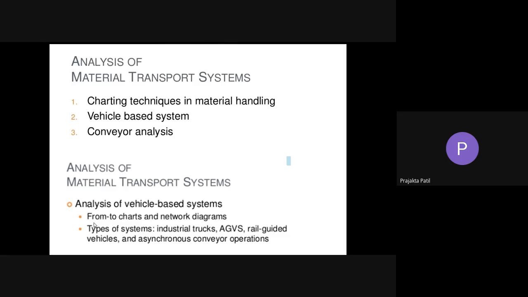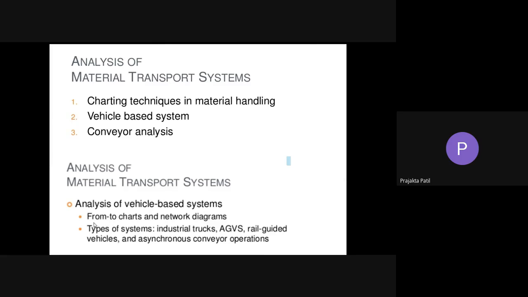So there is this from to chart which you have to understand, and any problem statement that is given will demand you to write the from to chart. And then there is this network diagram. Network diagram is something similar to the precedence diagram that we have drawn. Precedence diagram is different, and network diagram not very different.